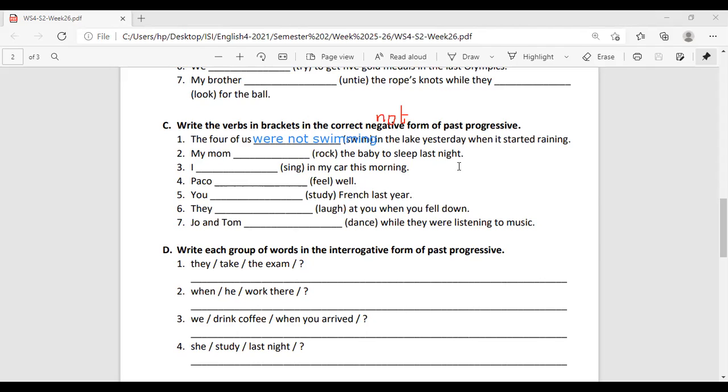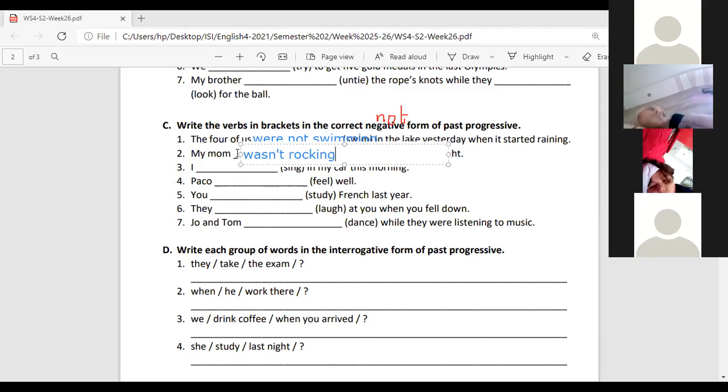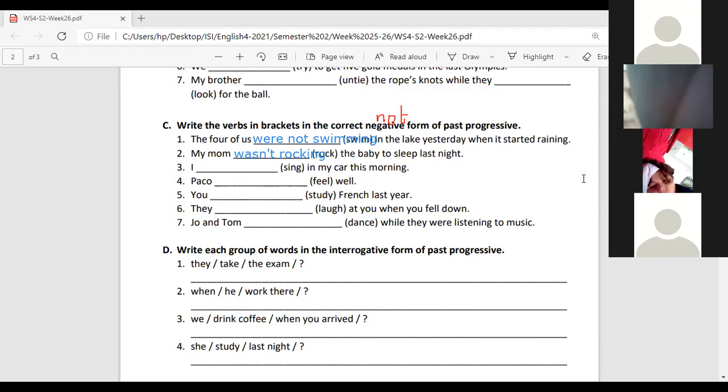Repeat it. I didn't hear you well. My mom wasn't rocking the baby to sleep. Bravo. This is negative, Ali. Wasn't rocking. Thank you, Ali.